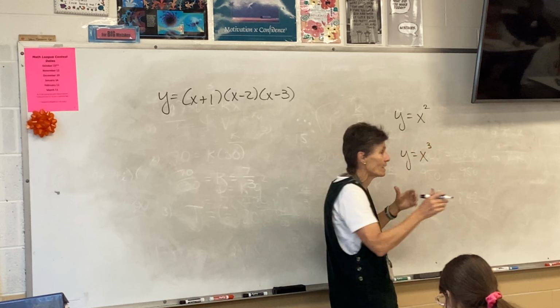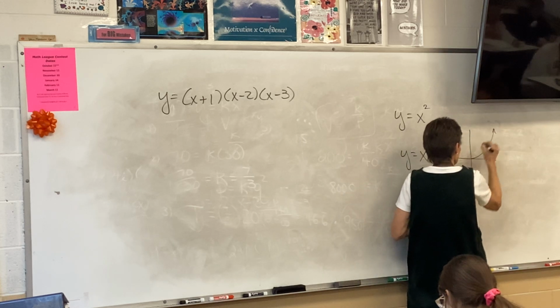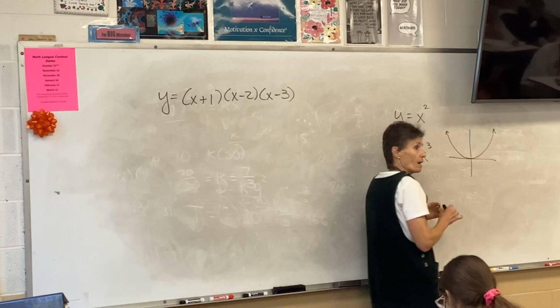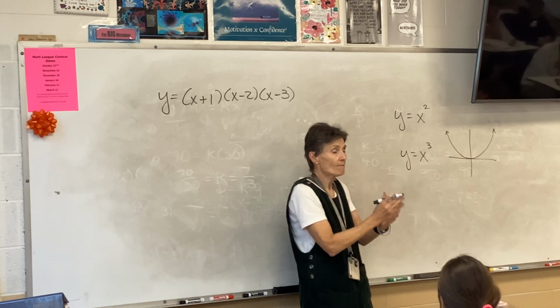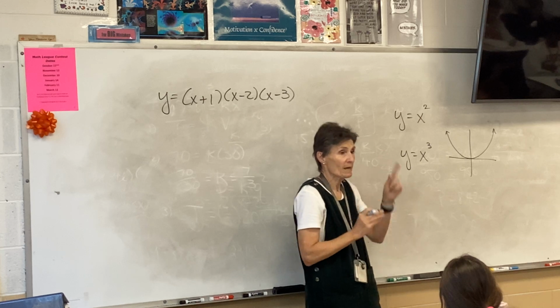What do I mean by end behavior? When I draw x squared, this side goes up and this side goes up, correct? Every even powered function is going to behave that way.